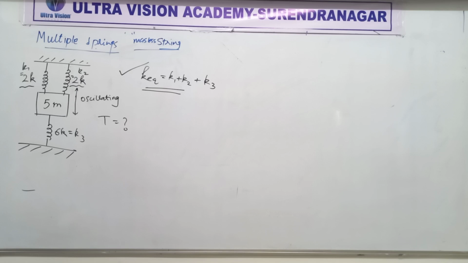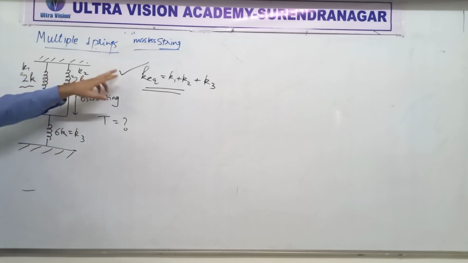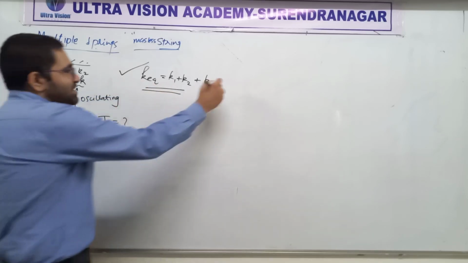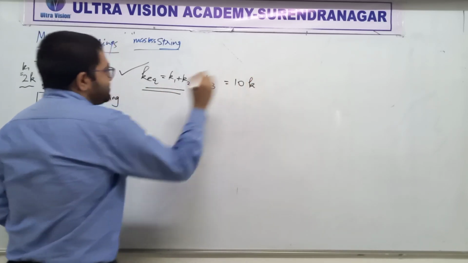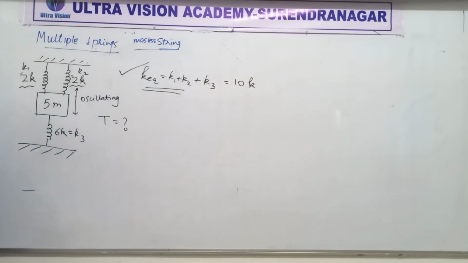Okay, hopefully Gracie you got the answer to your question, because this is across the block, no problem. Horizontal, vertical, all that doesn't matter. The behavior will be same, right? So 2K parallel and this can also be considered to be like in parallel. Fine. So what will be K equivalent? 10K. Okay, the K equivalent is 10K.